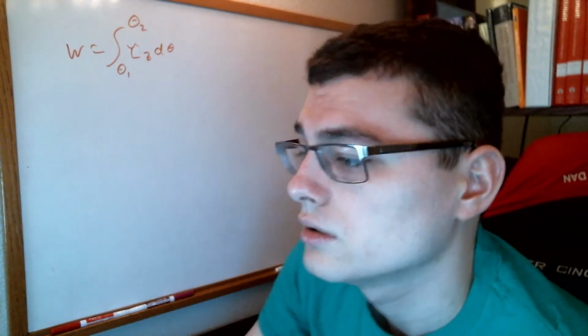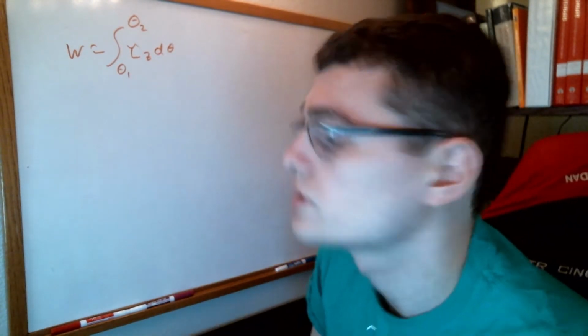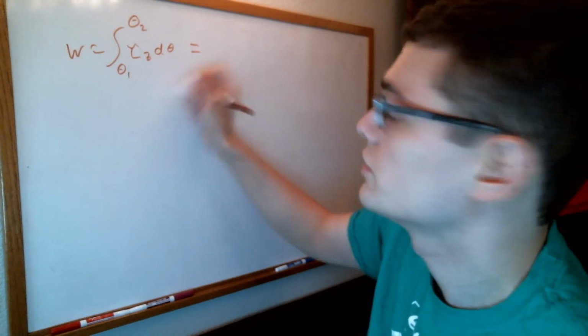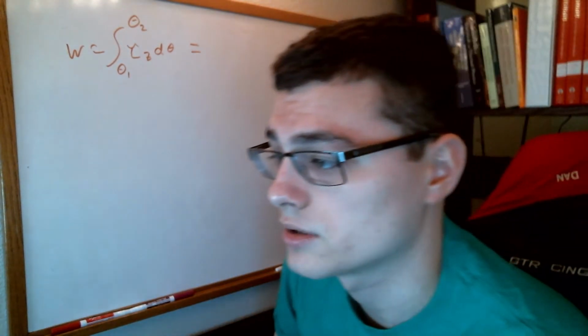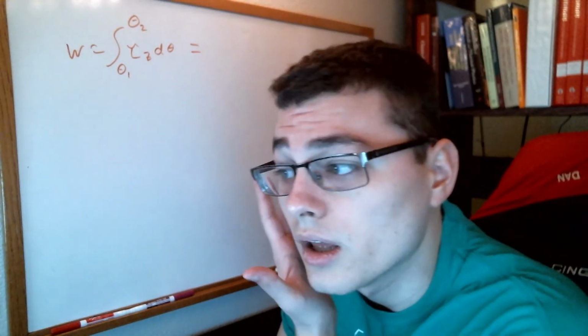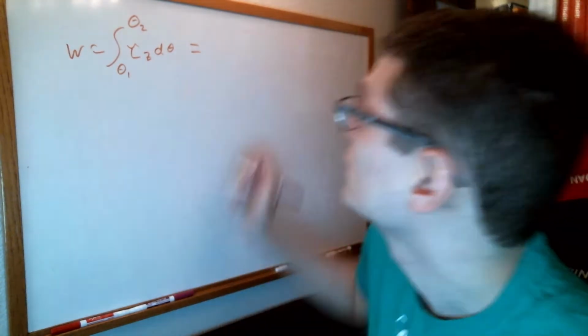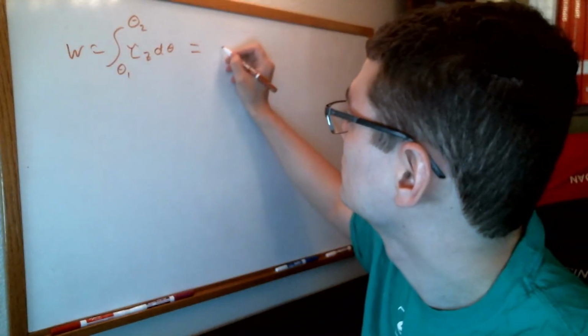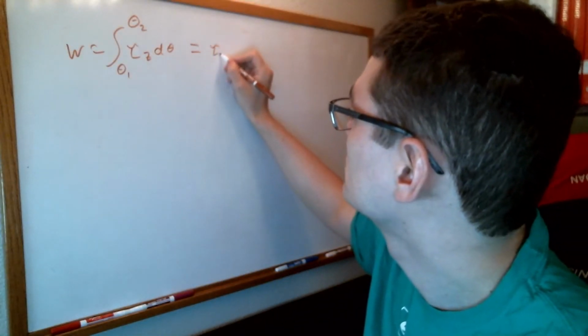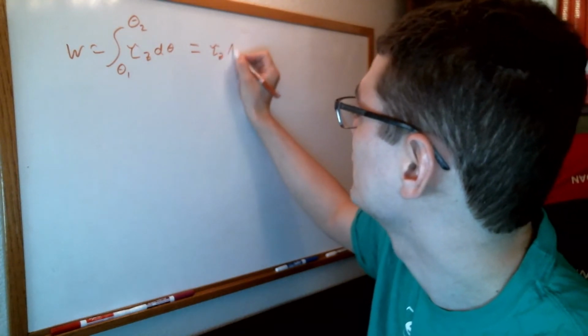And what we can do then is, once you do this integral, the tau z comes out because it's not dependent upon theta, and we can say that this is going to be equal to tau z delta theta.